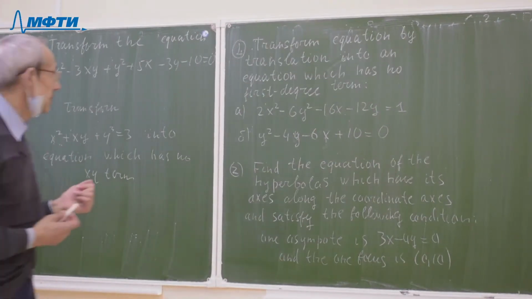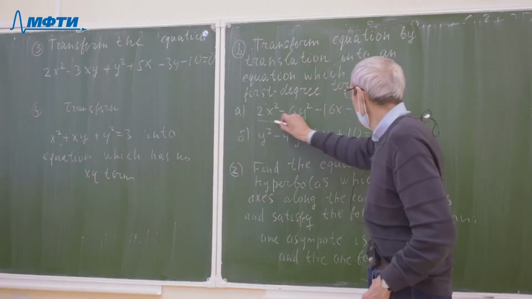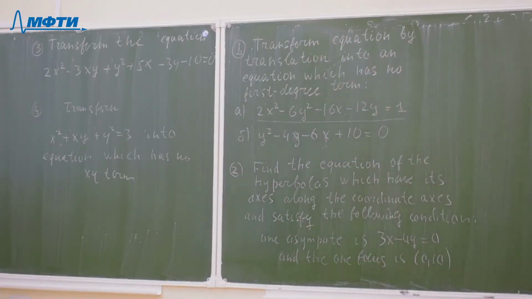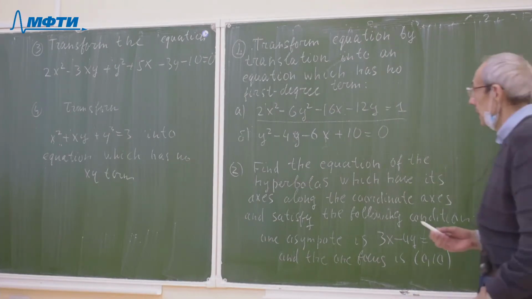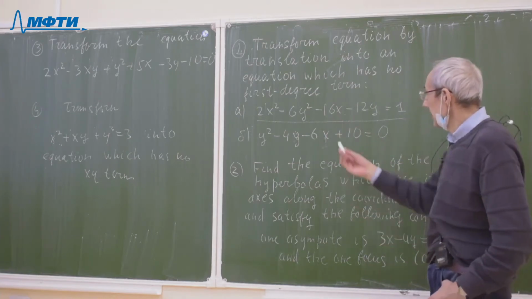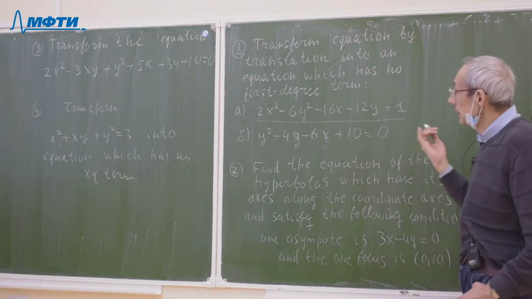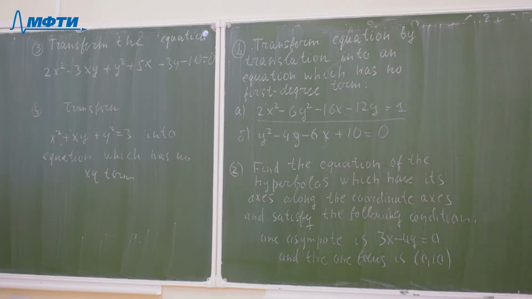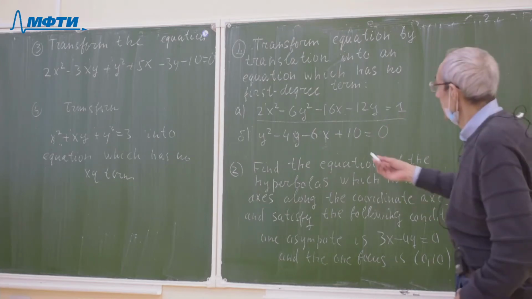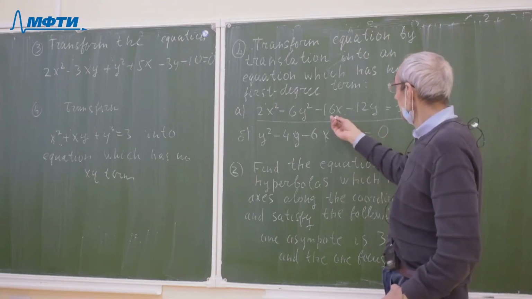And the first problem is the following. We have the equation of the second order without an xy term, but this equation has first order terms, and we must transform this equation such that these first order terms will be killed.